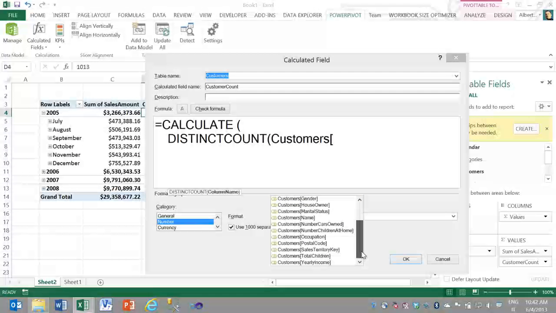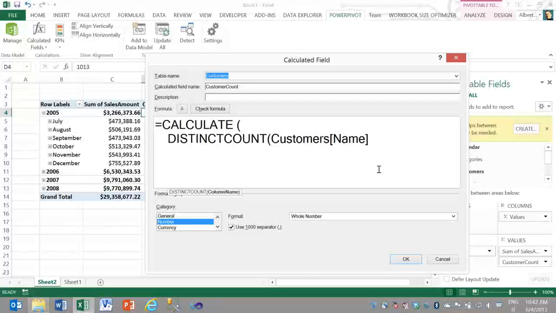I always forget to put the customer code, so let's put, for example, the customer name. That is fine. So we are not computing distinct count of customer code, we compute the distinct count of customer name, but the technique is absolutely the same for only the rows that exist in the sales table.